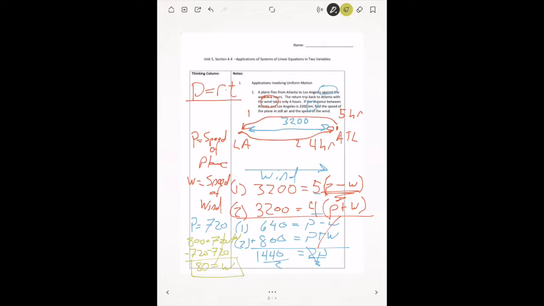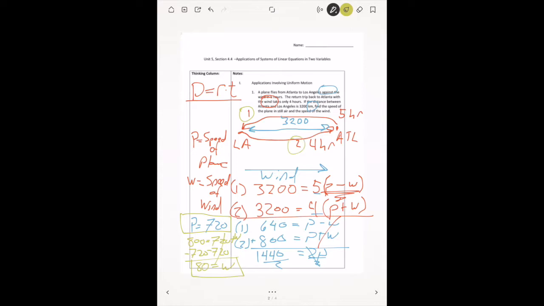So there we go, we got our system, we have it solved. We figured out that the plane thinks it's going 720 miles per hour, and the wind is going 80 miles per hour. So when I fly from LA to Los Angeles on this first trip, my plane thinks it's going 720 kilometers per hour, but in reality, it's actually going 640 kilometers per hour because it's slowed down.